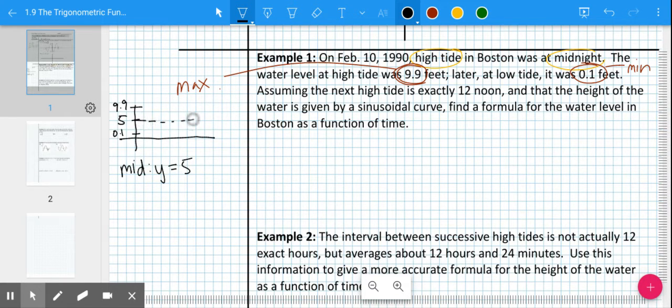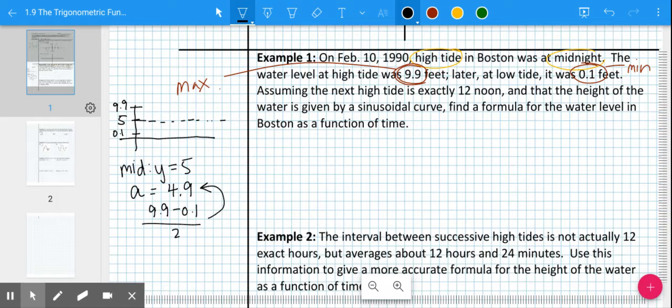And I'm expecting my amplitude to be 4.9, because that is how high up I go from 5 and how far down I go from 5. I can find that value by doing 9.9 minus 0.1 and dividing by 2. I take the difference of those and then halve it. So 9.8, cut in half, gives you that 4.9 amplitude.